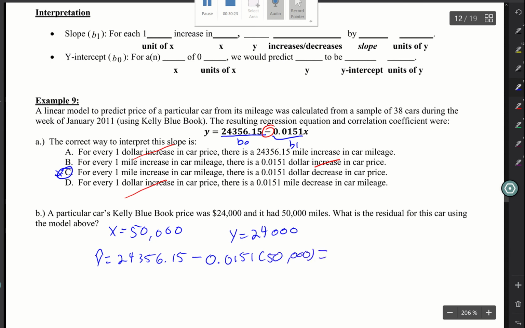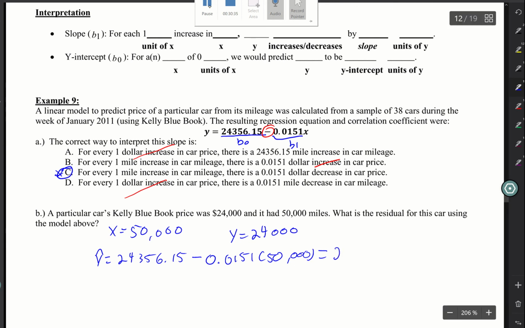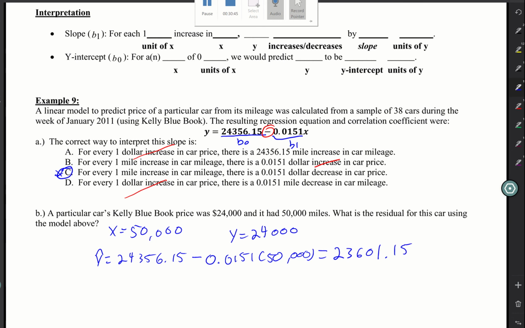And I want to see what we would have predicted for a car having 50,000 miles. 23,601.15. So we would have predicted $23,601.15. They're saying that it was worth 24,000.